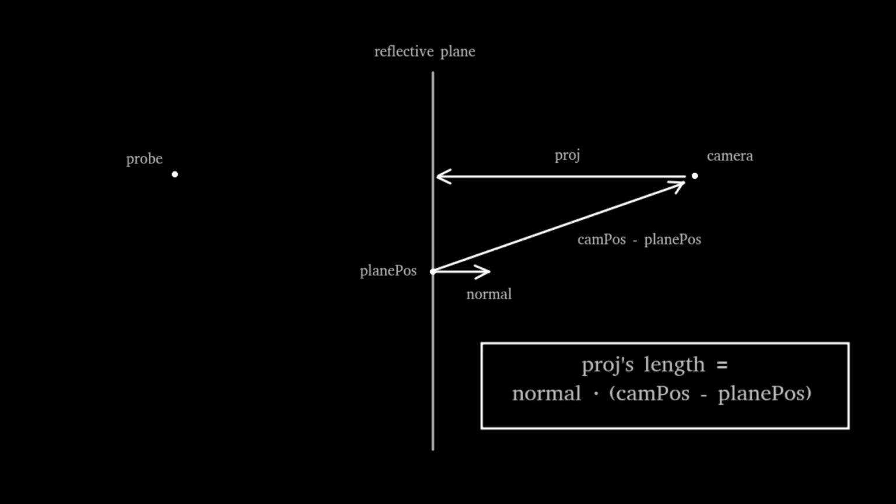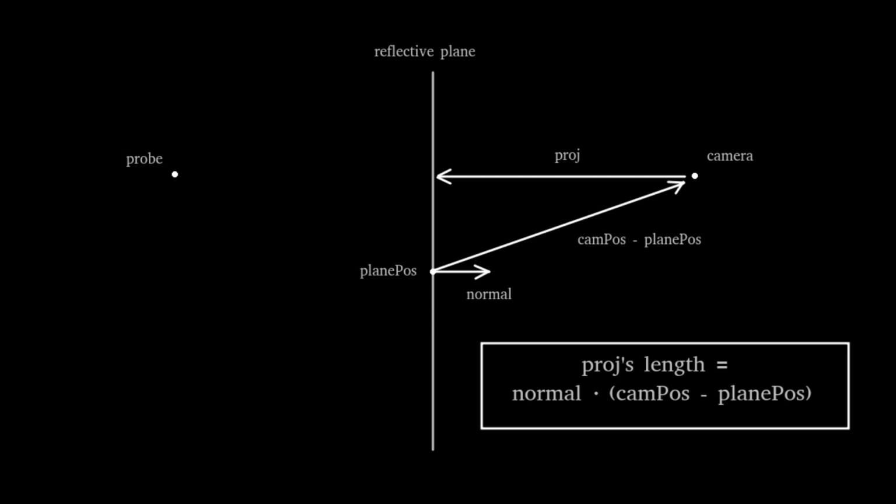Which means that the projection's length, at least the length, is equal to the camera position minus the plane position dot product the normal.